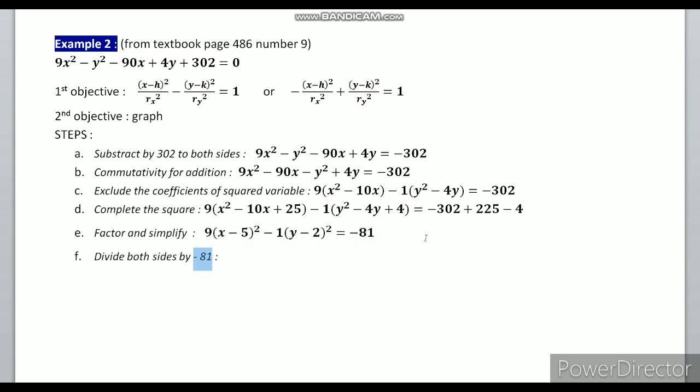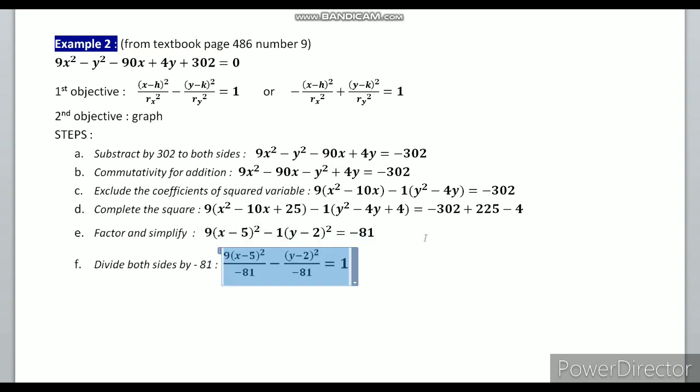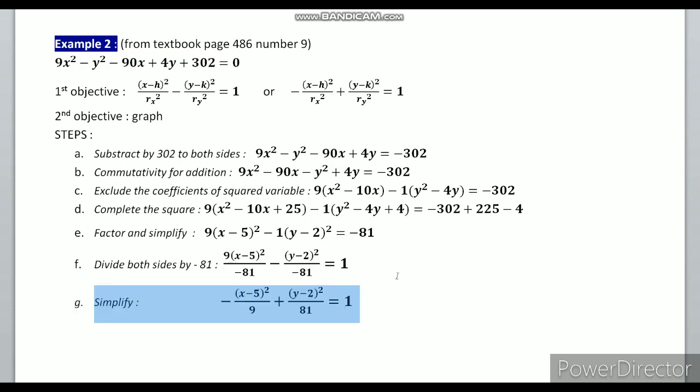Since I divide all by negative, there will be a change of sign here. Before, the x fraction had a positive coefficient, now the x fraction has a negative coefficient. And since I divide the y term by negative also, originally it's negative and then divided by negative, it will be positive. So when I simplify it, this is it.